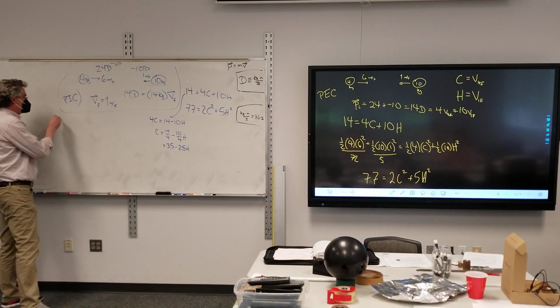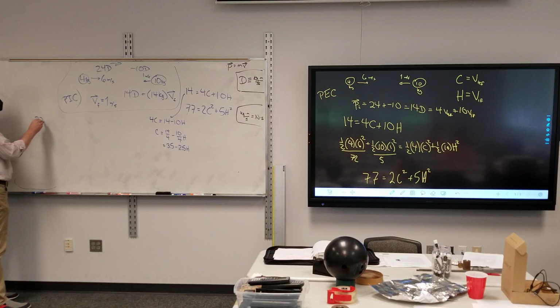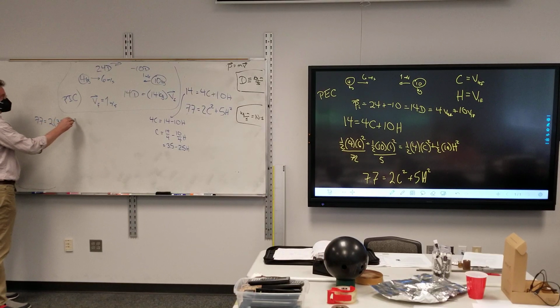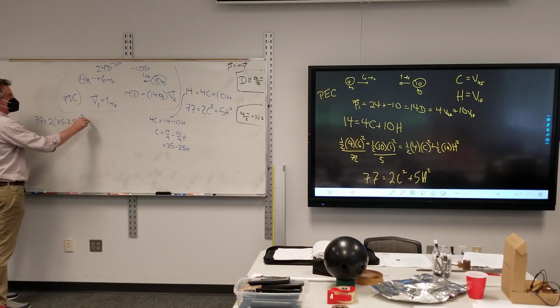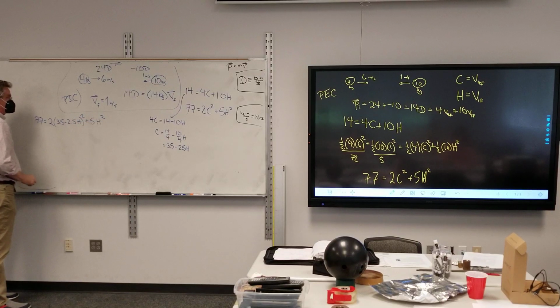Look at that, do the second one, so I got 77 is equal to 2 times (3.5 minus 2.5h) squared plus 5h squared.